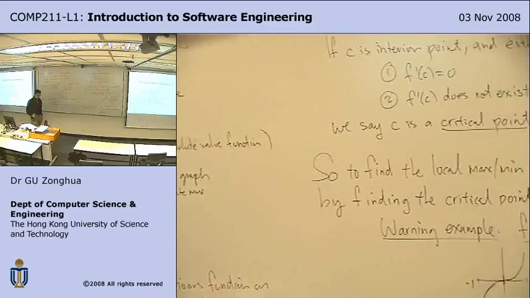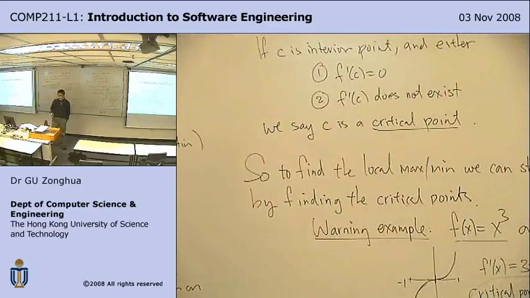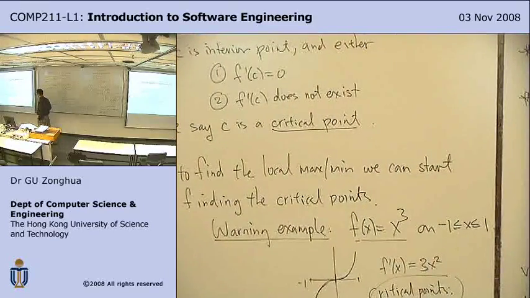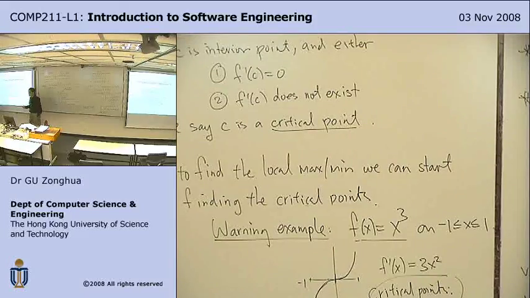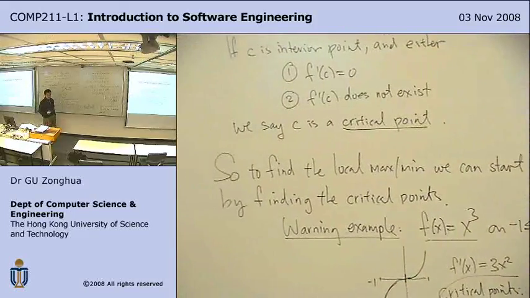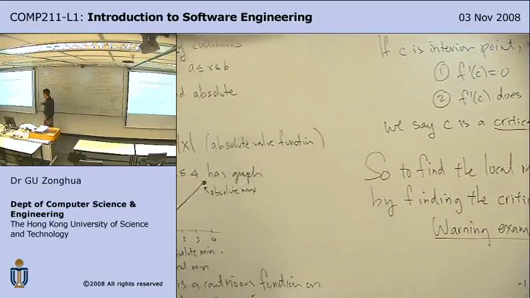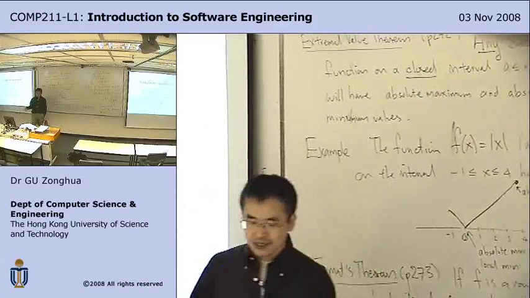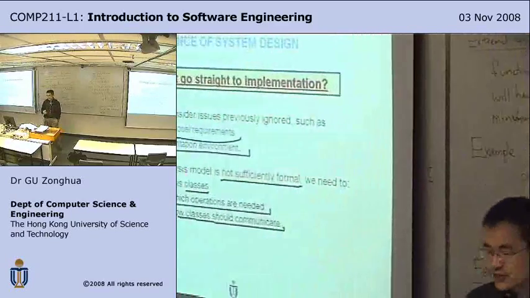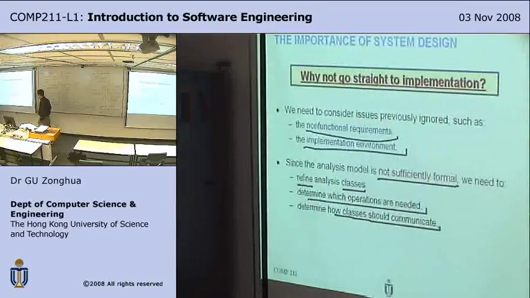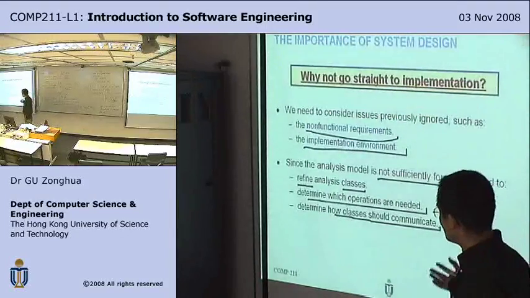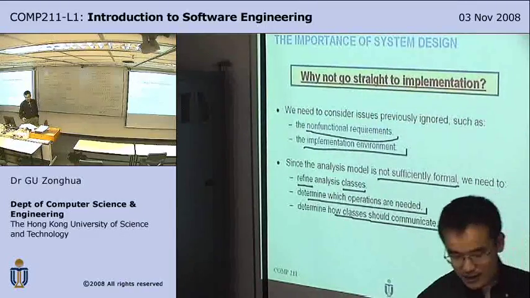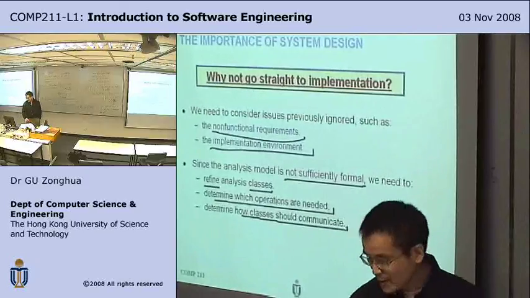Well, in the analysis model, perhaps you draw a line that says Class A communicates with Class B. There's a dependency relationship. But now you actually specify how they communicate. Is it by procedure calls, is it by message passing or shared data? So it should be much more specific as to the communication mechanisms.